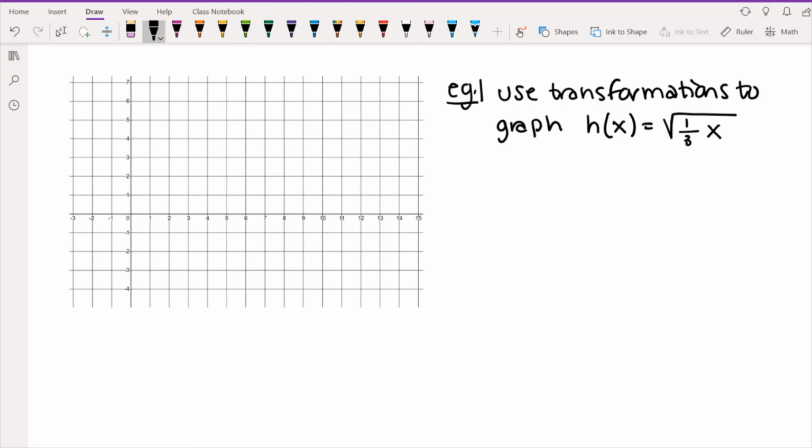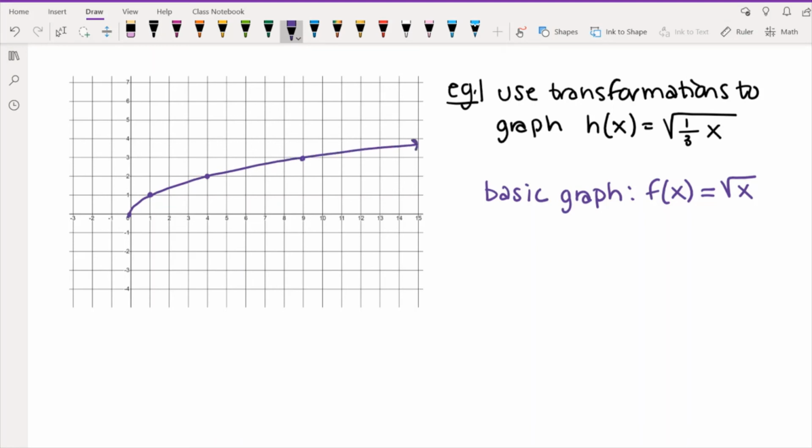Okay, so first thing, let's figure out what our original basic graph is that we're transforming here. So in this case, it's going to be f of x is equal to square root of x, right? And so I'm just going to go ahead and sketch that graph. Hopefully by this point, you're pretty familiar with the points on this graph. Okay, so that is our original function that we're transforming.